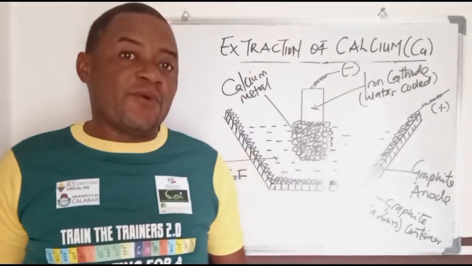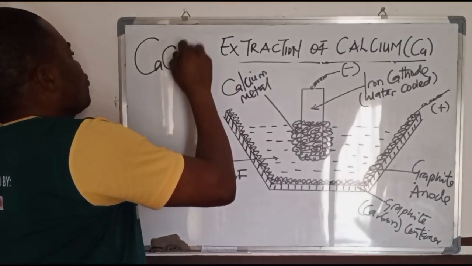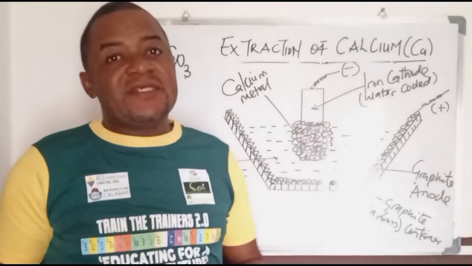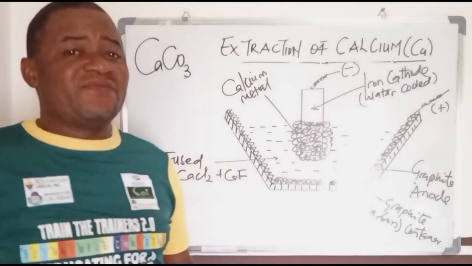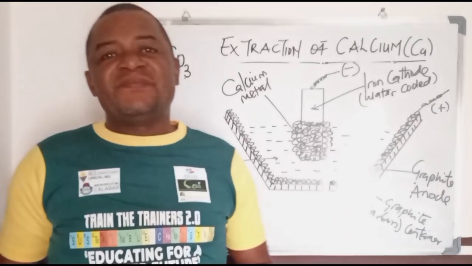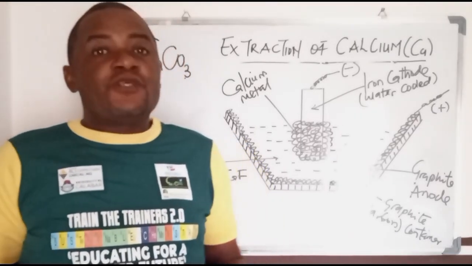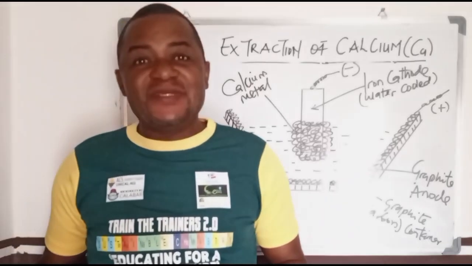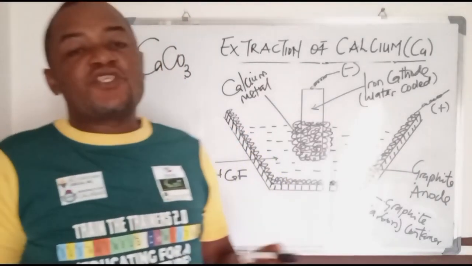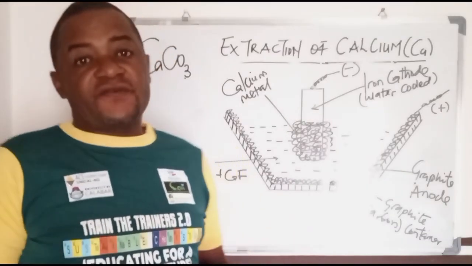Now, calcium is a reactive metal, like we say, and calcium is always seen to be in the form of calcium carbonate. So usually you find calcium as calcium carbonate. As calcium carbonate, you see it in marbles, or you can even find it basically in limestone. So you can get calcium from limestone, and that is why limestone is commonly described as calcium carbonate, a major source of calcium carbonate.